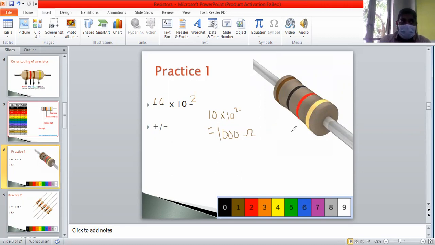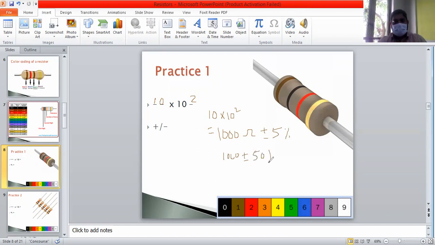But there is some margin of error here that is given by the fourth band, which is golden. Now gold stands for 5% error. So you can say 1000 ohms plus minus 5%. And 5% of 1000 is 50.